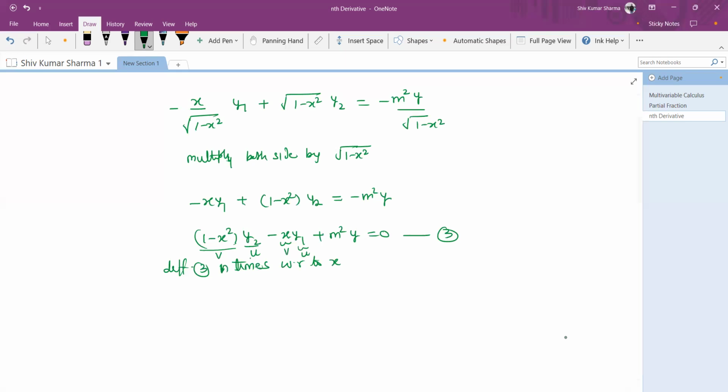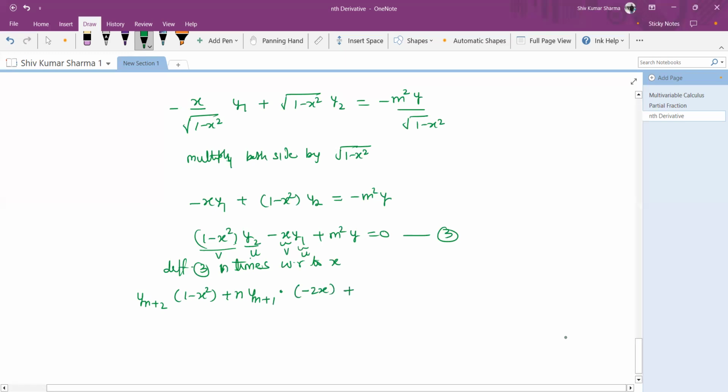So the nth derivative of u is y(n+2), since the second derivative is already there, n times gives n plus 2, into v, write the same, plus nC1, which is n, so the (n minus 1)th derivative of u, so y(n+1), the derivative terms are in decreasing order, into the differentiation of v, which is minus 2x, plus nC2, n(n minus 1) upon factorial 2, into the (n minus 2)th derivative of u, so yn, into the second derivative of v, which gives us minus 2.